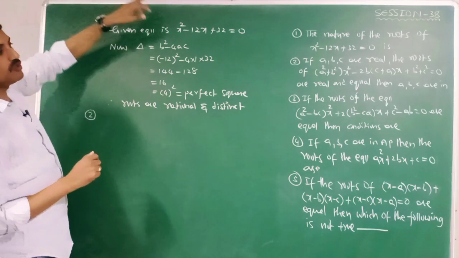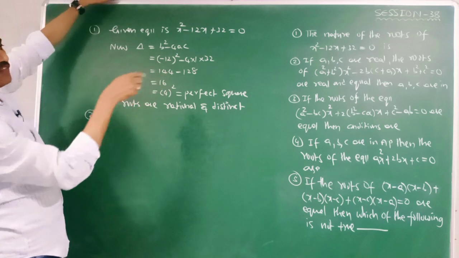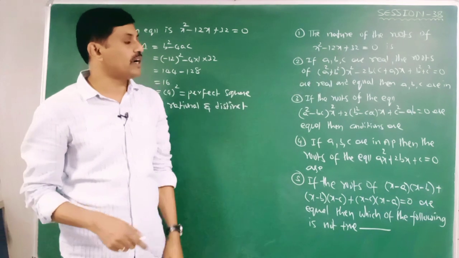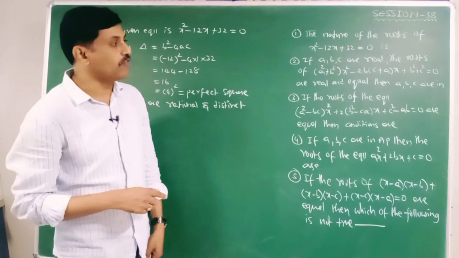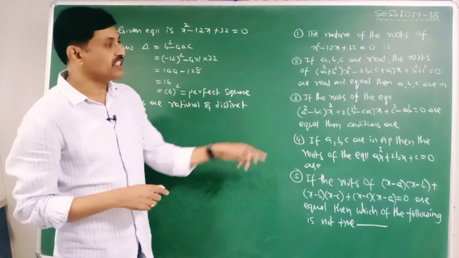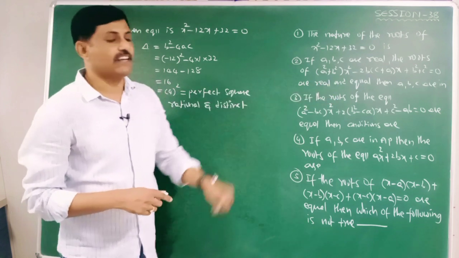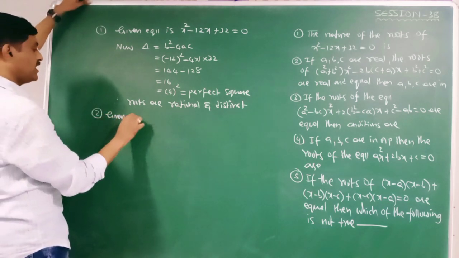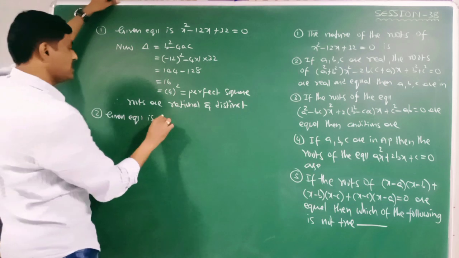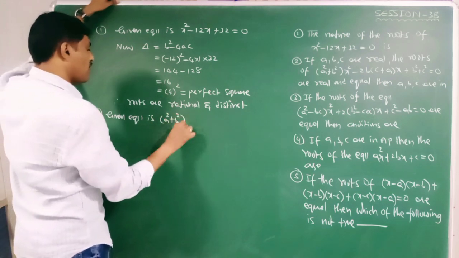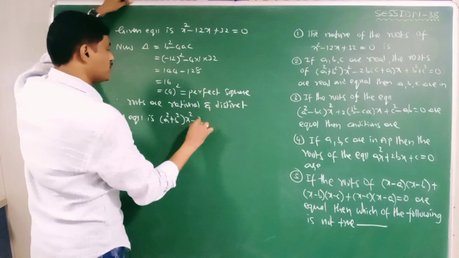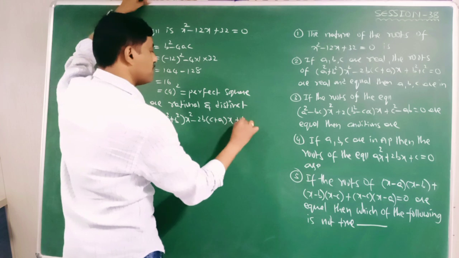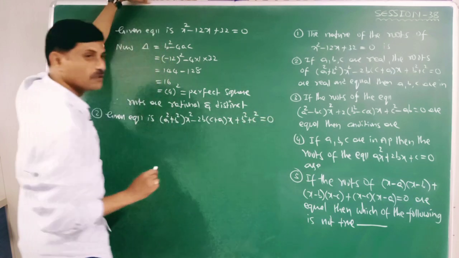Now move on to the second question, which is: if a, b, c are real, the roots of (a square plus b square) x square minus 2b(c plus a)x plus (b square plus c square) is equal to 0 are real and equal. Roots are real. Given equation is (a square plus b square) x square minus 2b(c plus a)x plus b square plus c square is equal to 0.